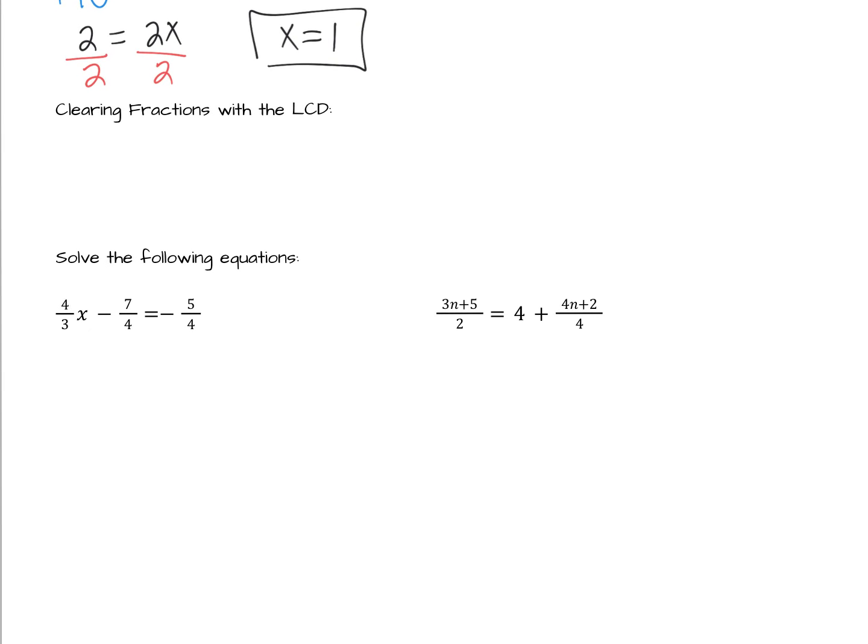We're also going to talk about equations that have fractions, and we're going to talk later about how to solve equations with fractions, but for right now, we're going to talk about how to clear those fractions with something called the LCD. So remember, LCD stands for least common denominator.